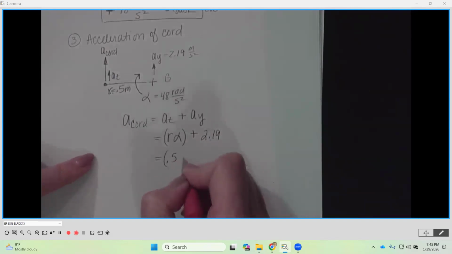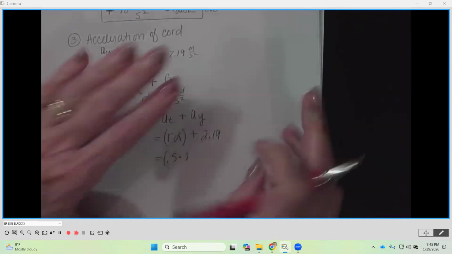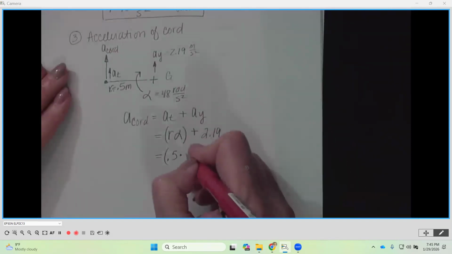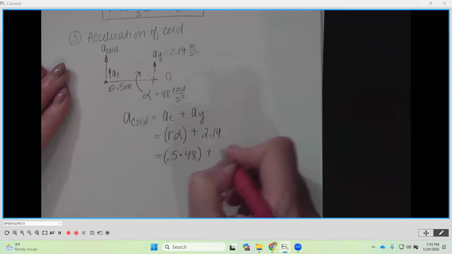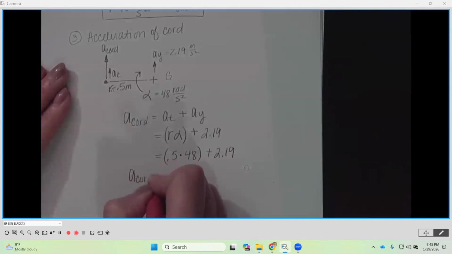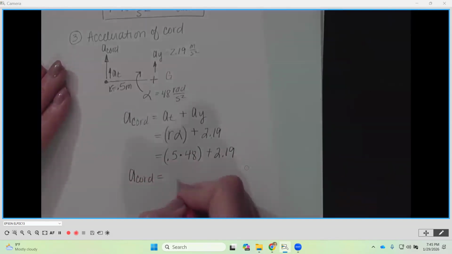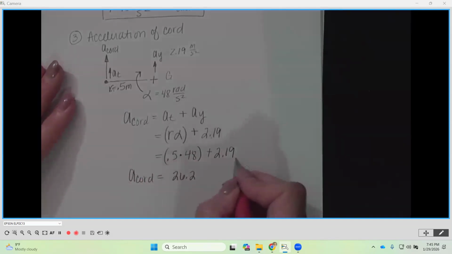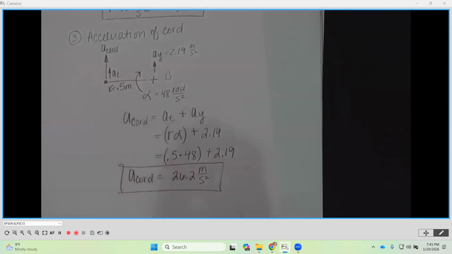This is going to be 0.5 times 48 plus 2.19. So the acceleration of our cord total is going to be 26.2 meters per second squared. Does that make sense to everybody?